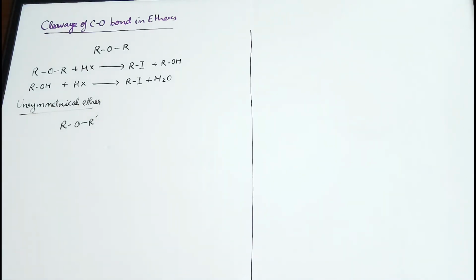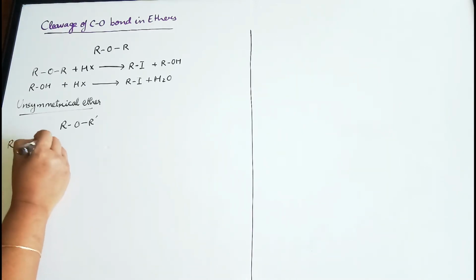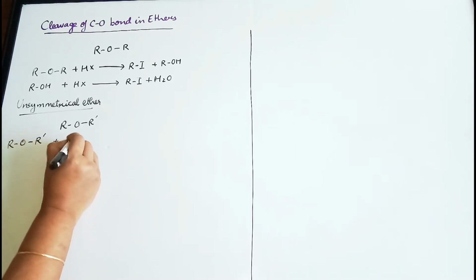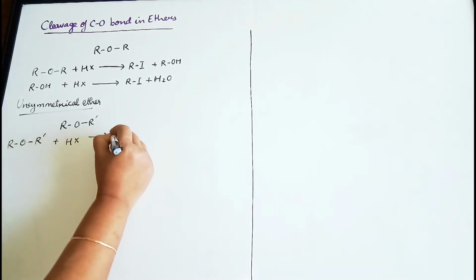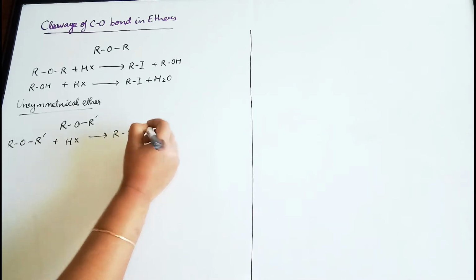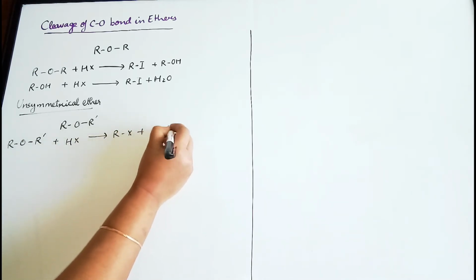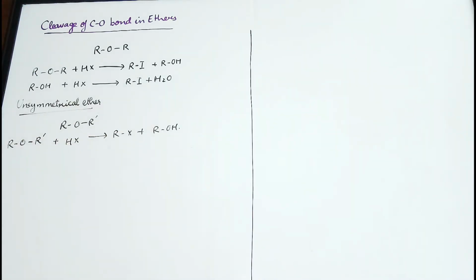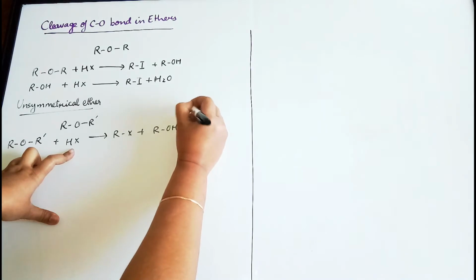An unsymmetrical ether ROR dash is reacting with HX to give us RX plus ROH.